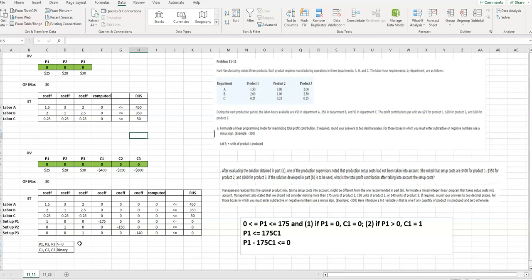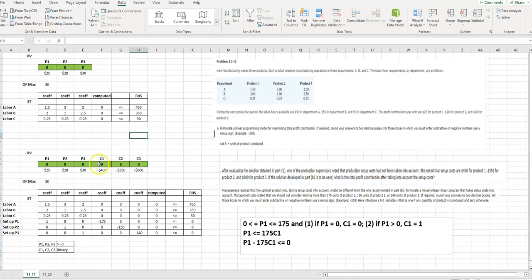And we've talked about mixed integer linear programming problems this week where you have some decision variables that can be anything greater than or equal to 0, and then we have some situations where some of the decision variables have to be very discrete values. In this case, we're going to introduce what we call a binary variable, saying that C1, C2, and C3 only have 2 options in terms of their values in the optimal solution. They can be either 0 or they can be equal to 1.